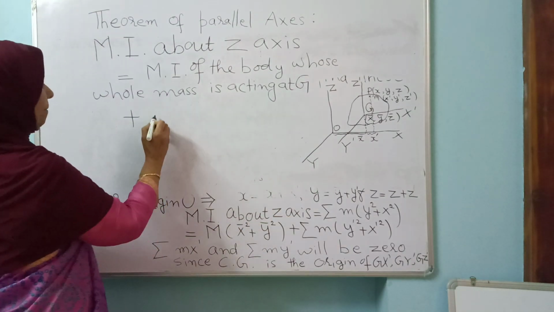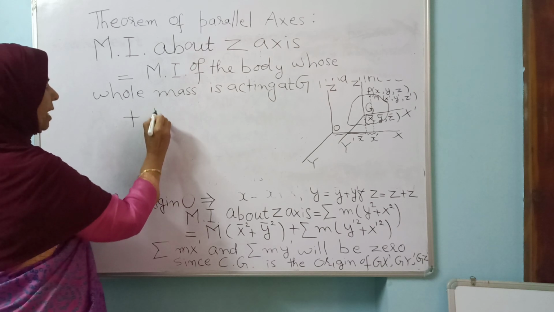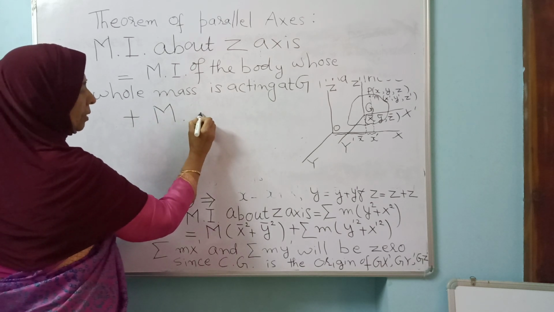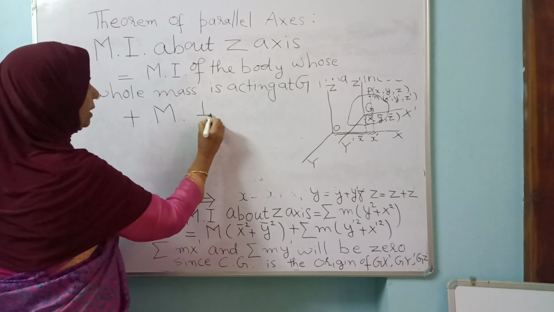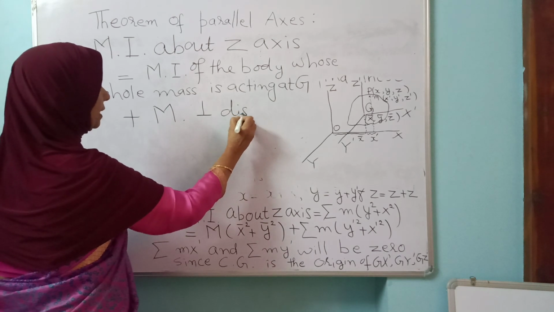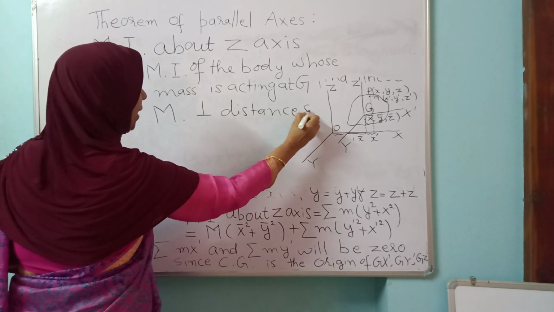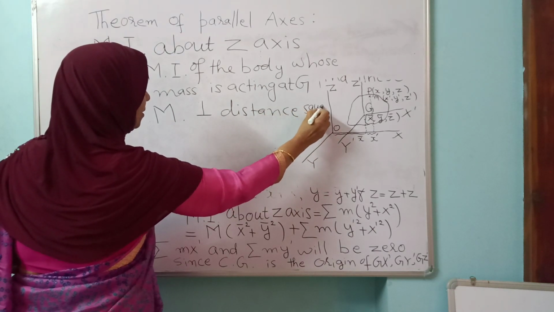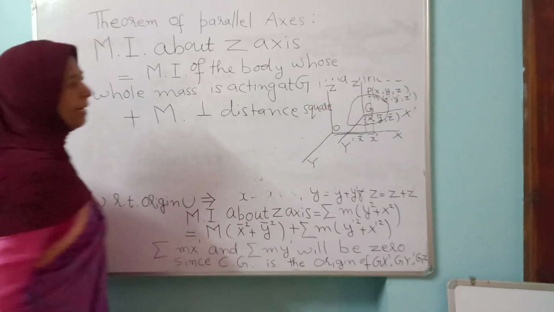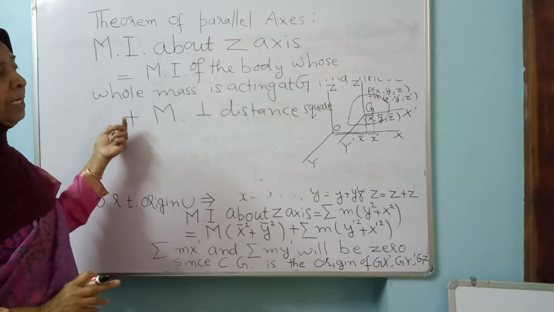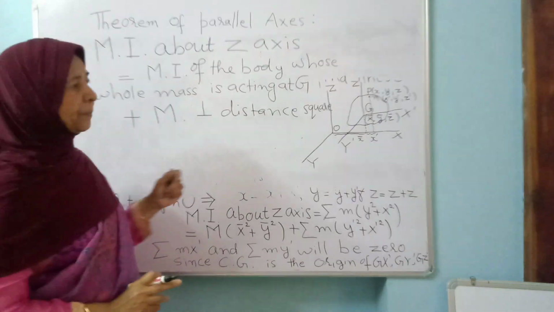plus mass into perpendicular distance square. Mass into perpendicular distance square. Why?